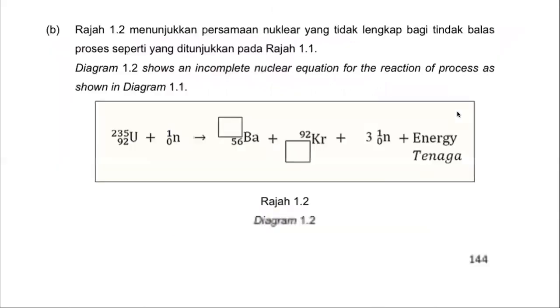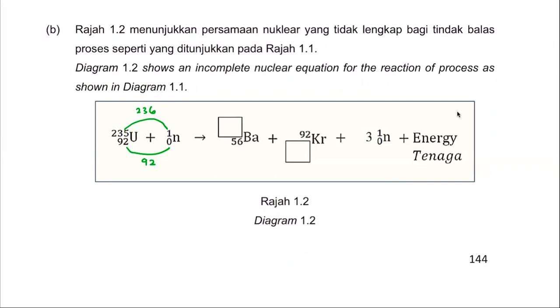So the total for this one, 235 U plus 1, is 236. Then this one, 92 plus 0, equals 92. And then after the arrow, all the numbers should add up like what is on the left-hand side.